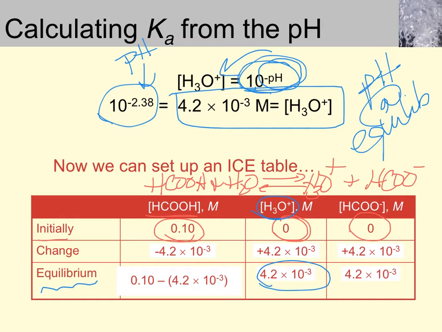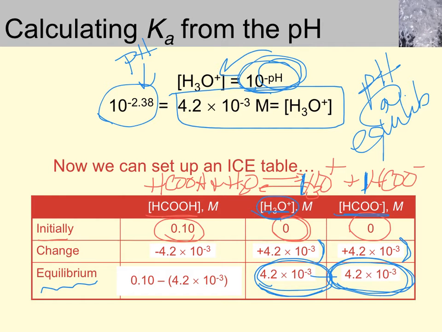And because the hydronium ion and the conjugate base are formed in a 1-to-1 ratio, that means that whatever hydronium ion is at equilibrium, that is the same concentration as the conjugate base. So now you have 2 equilibrium values you know. From those, you can figure out the change values for the hydronium ion and the conjugate base.